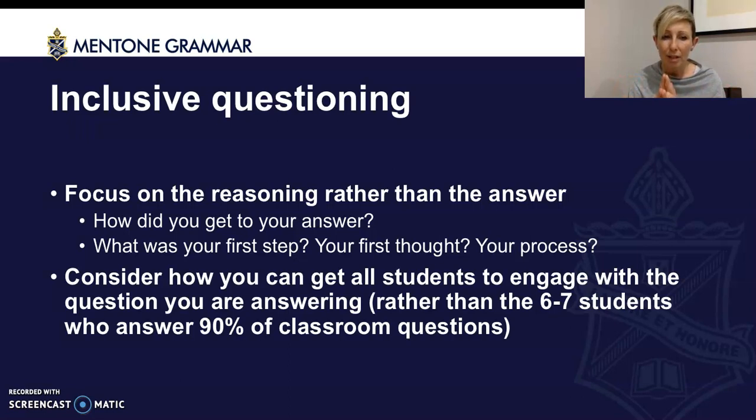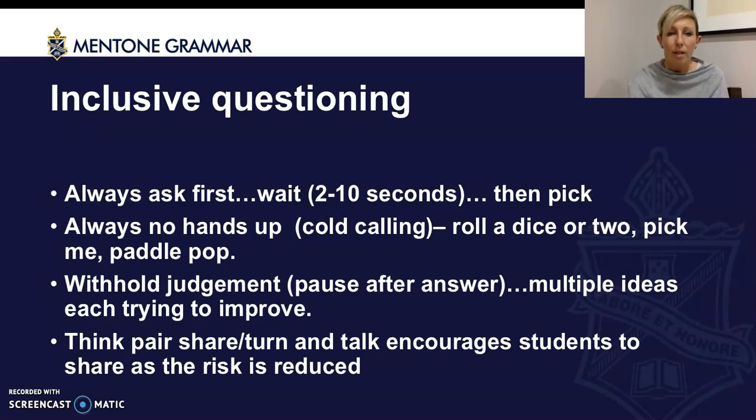The big challenge is always how you can shift from having the same 5 to 10 students putting their hands up towards 90 to 100% of the students participating, at least in their own mind, in constructing an answer for you. The strategies, which won't be new to you but might be a nice reminder, are to always increase your wait time.